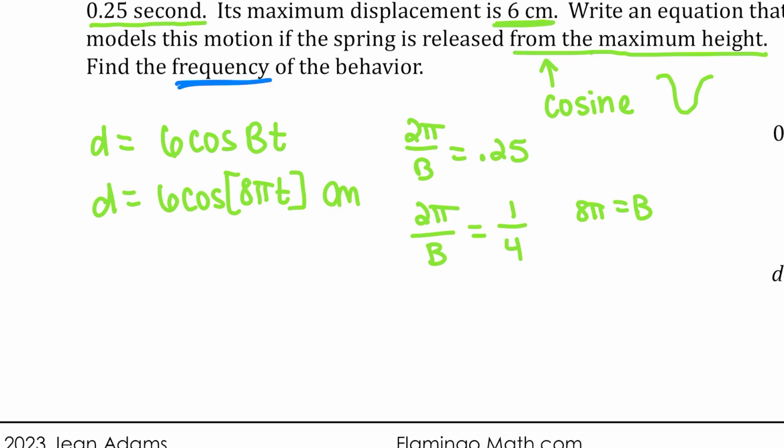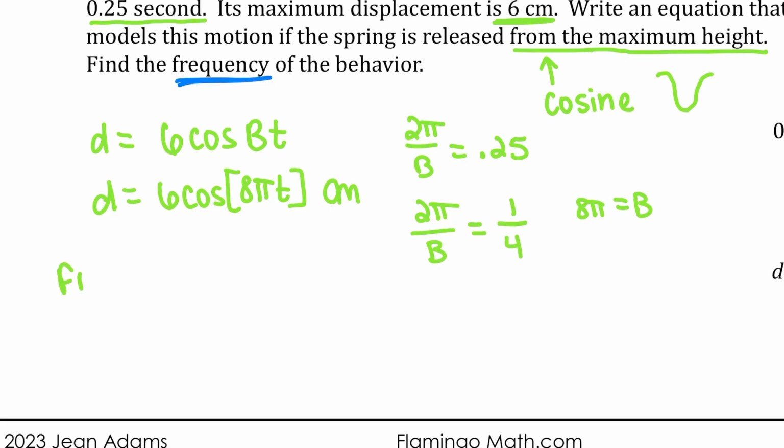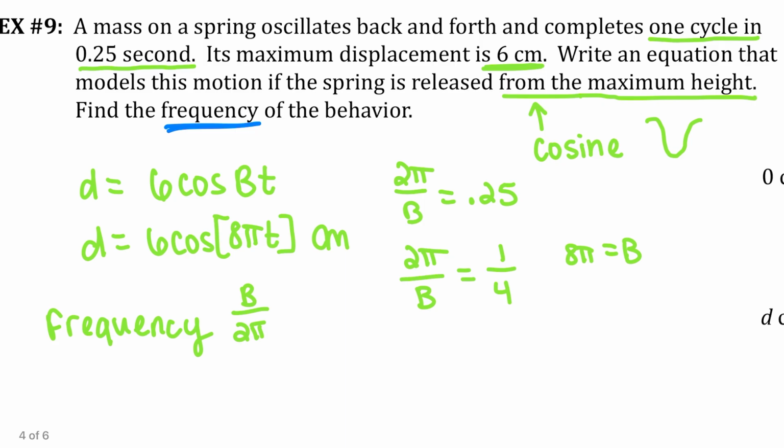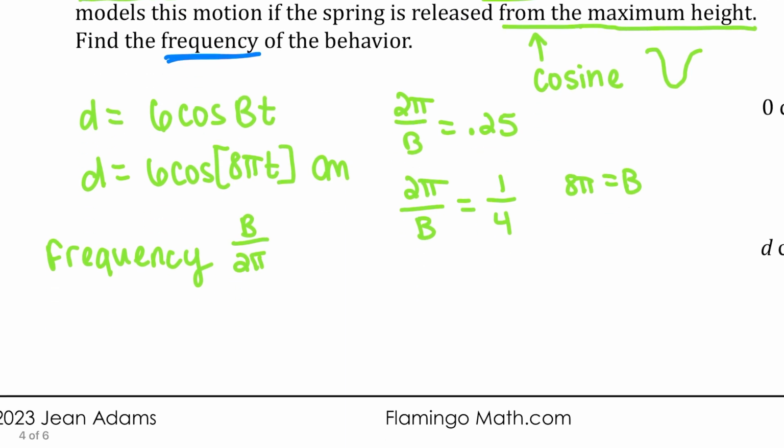And then we need to figure out the frequency. So frequency is B over 2 pi. Or you can just look at what our period is and invert it. So our period is 0.25 or 1 over 4. So that means our frequency is going to have to be 4.